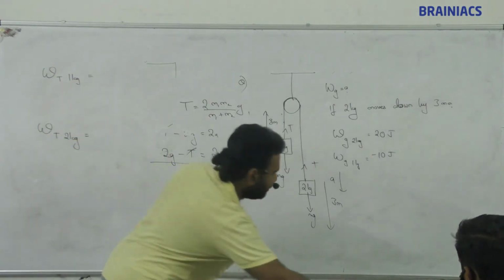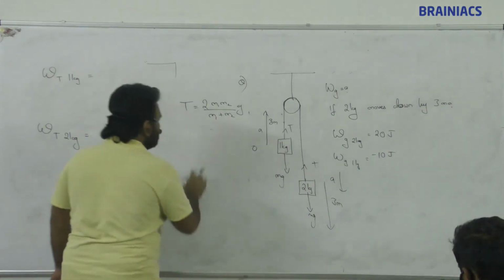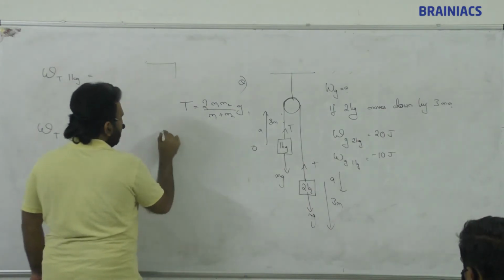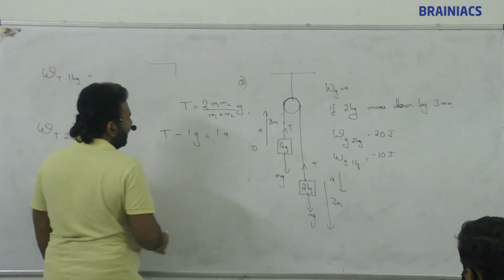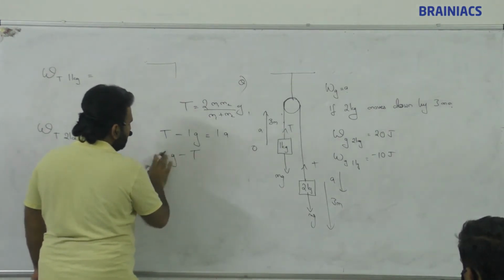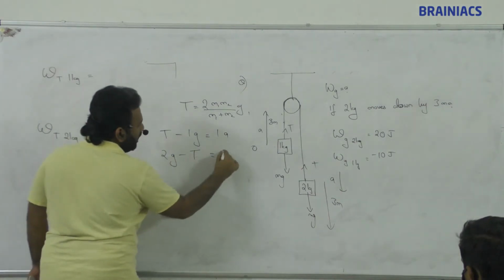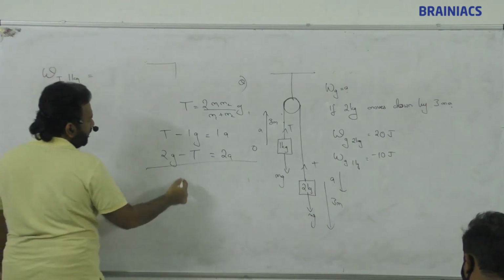Wrong, completely wrong. So this is going to be T minus 1g is equal to 1a, and the other one is 2g minus T is equal to 2a. So when you add them, what will happen?